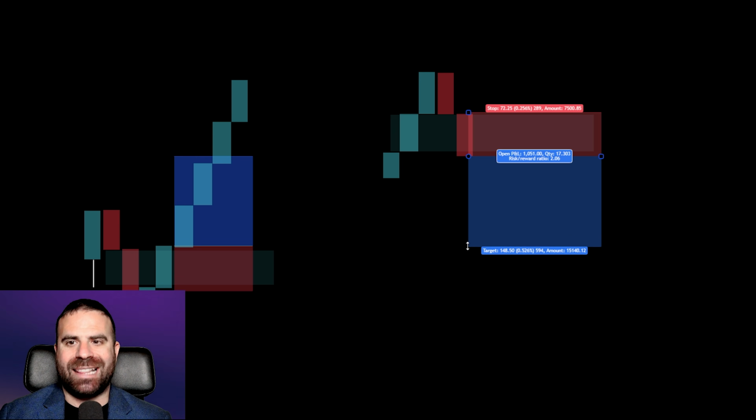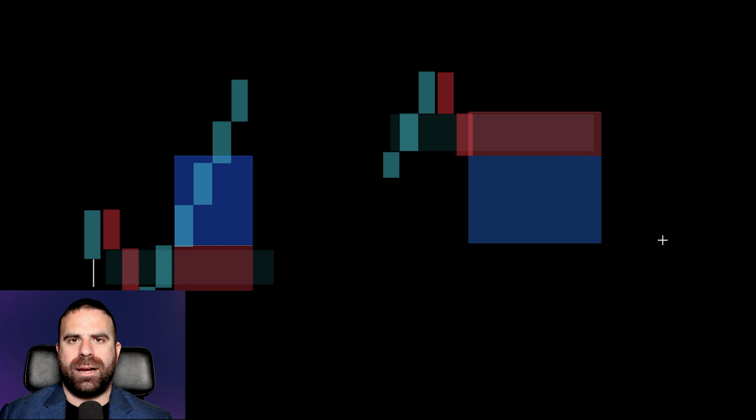Now, what are you gonna be doing here? You are gonna be waiting for this fair value gap to be penetrated with a body of a bearish candlestick in this occasion. And when this happens, what are you gonna do? You are gonna take your trade right here with a stop loss right above this candlestick, and you're gonna target at least a 2-to-1 reward to risk.